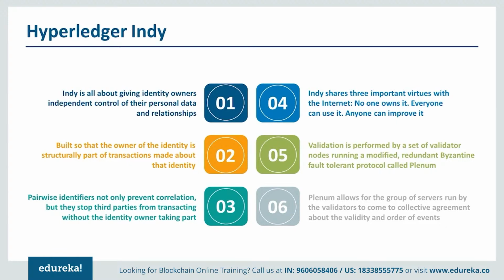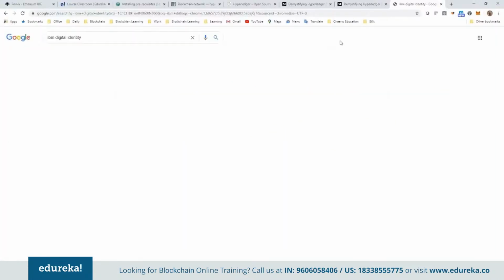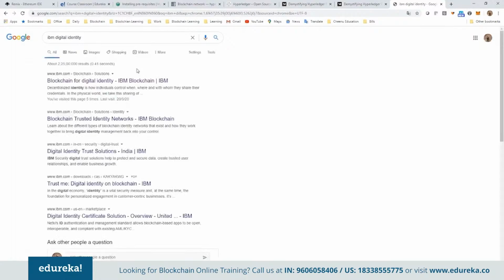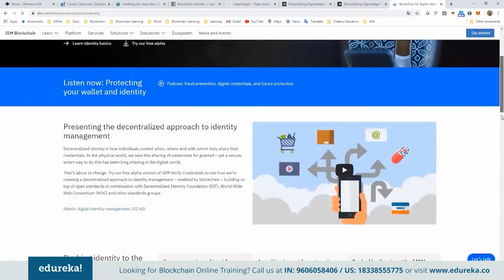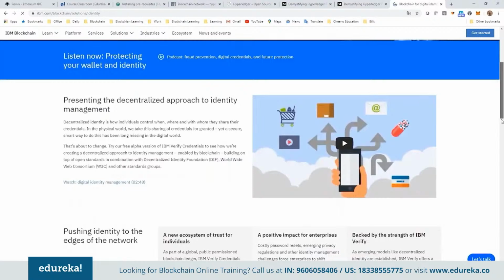In fact, there is a product by IBM on digital identity which uses Hyperledger Indy. This is the product that IBM has developed, using Hyperledger Indy. It is a decentralized approach of identity management.